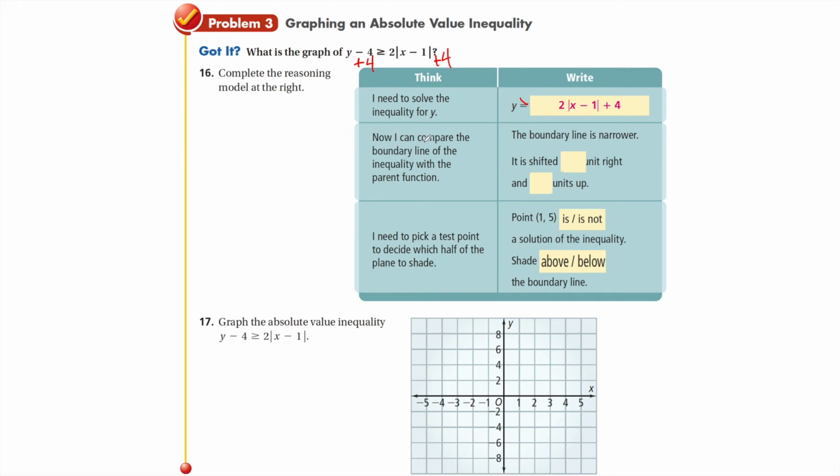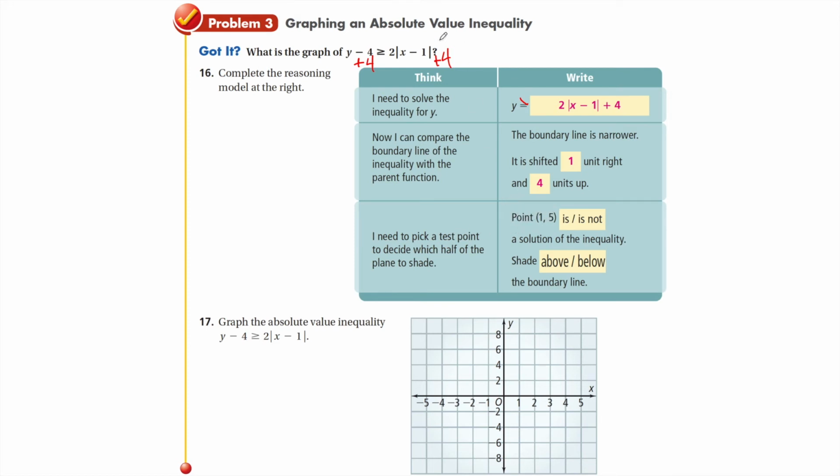So now you can compare the boundary line to the inequality with the parent function. The boundary line is narrower. It shifted 1 unit to the right and also 4 units up. That little boundary line is going to be a little bit smaller. We do need to find a test point, so we need to plug that portion in. So we are going to get the point (1, 5).